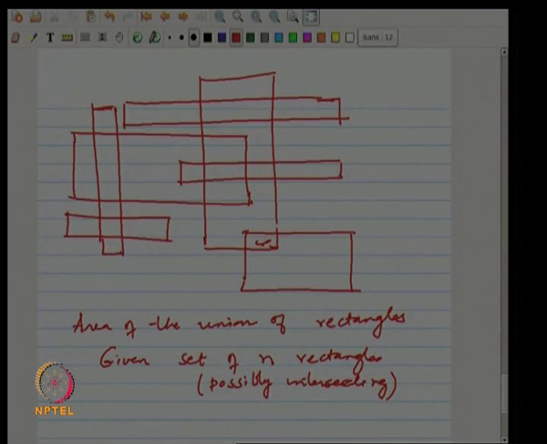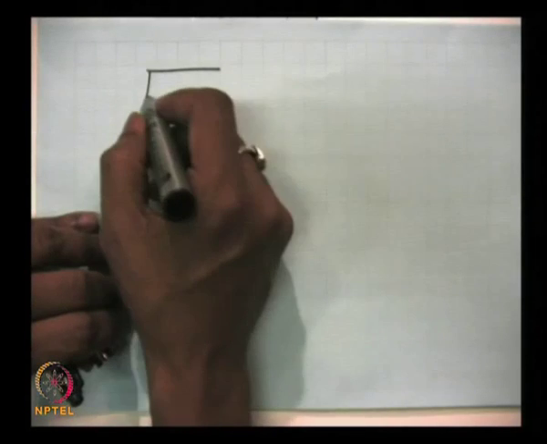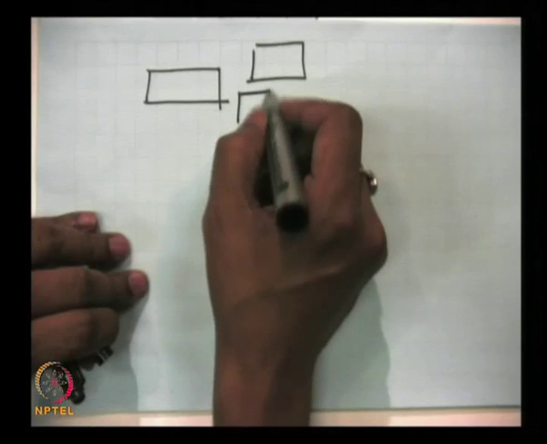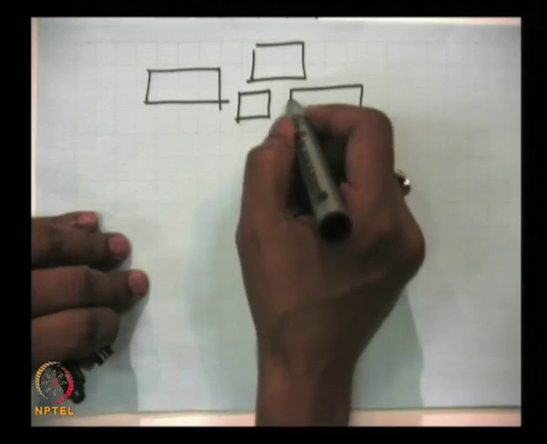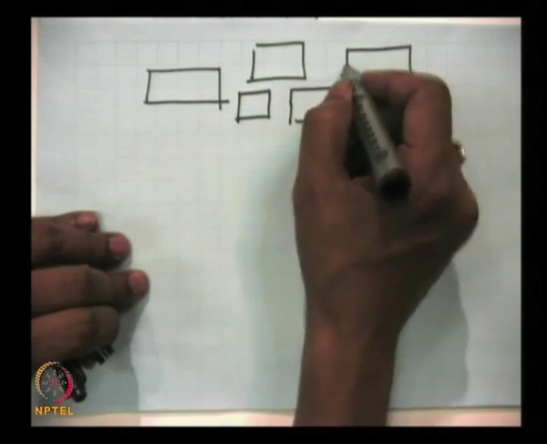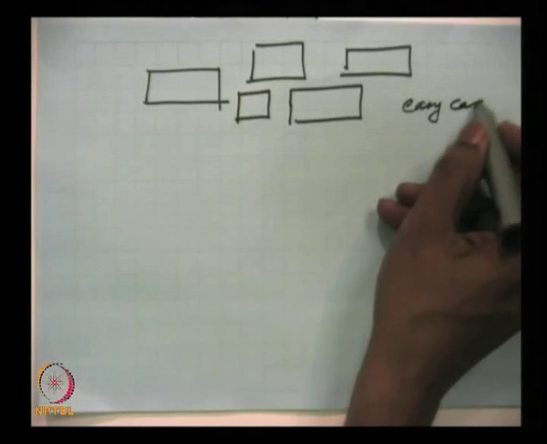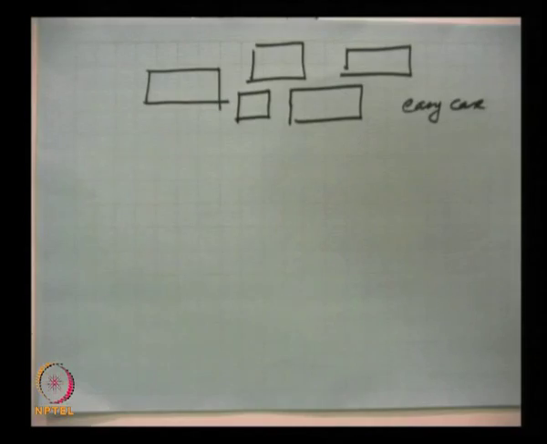If all my rectangles, now let me switch over to this one, are like this, disjoint, easy case. Just compute the area of the individual rectangles, add them up, done.